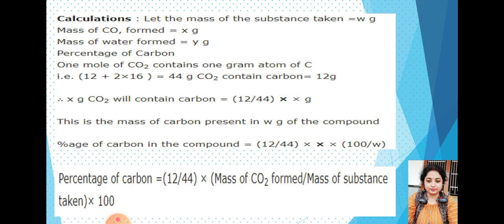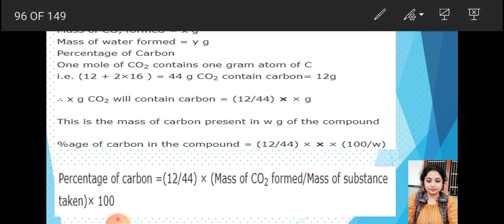So let the mass of the organic compound taken be W gram. The mass of carbon dioxide formed is X gram. The mass of water formed is Y gram. Now the percentage of carbon: the molecular mass of carbon dioxide is 44, and 44 gram of carbon dioxide contains 12 gram of carbon, so X gram of carbon dioxide will contain 12 upon 44 into X gram of carbon.